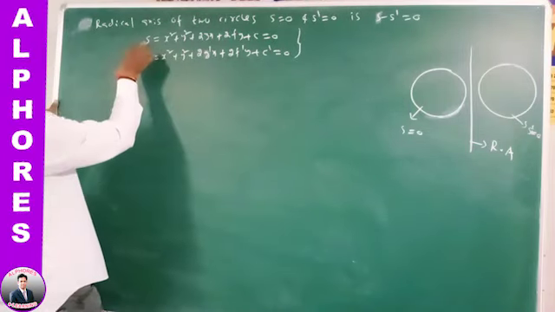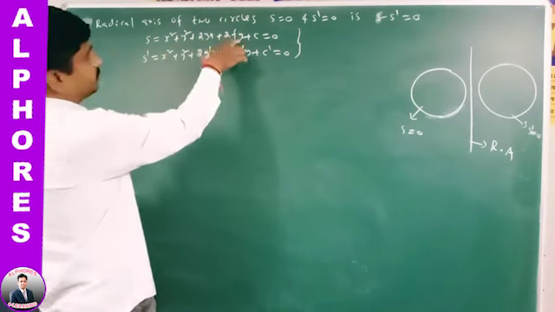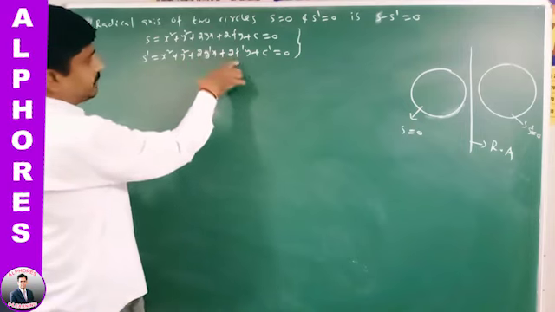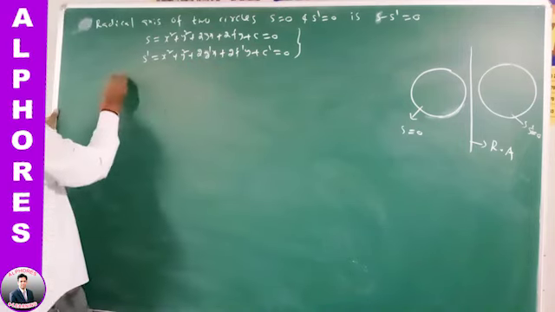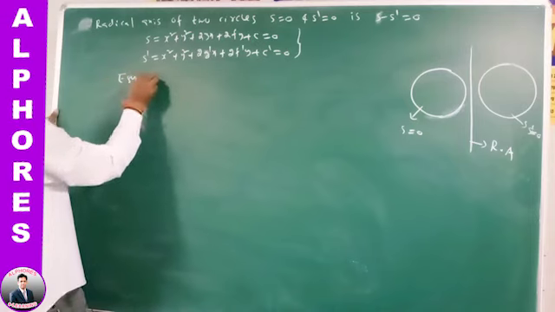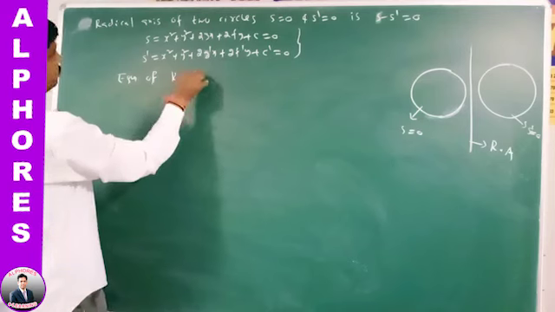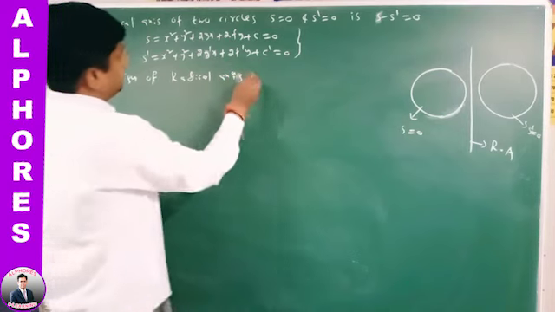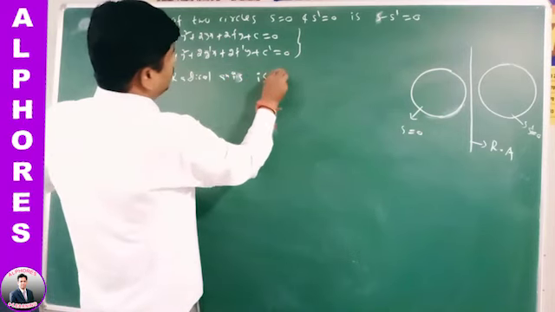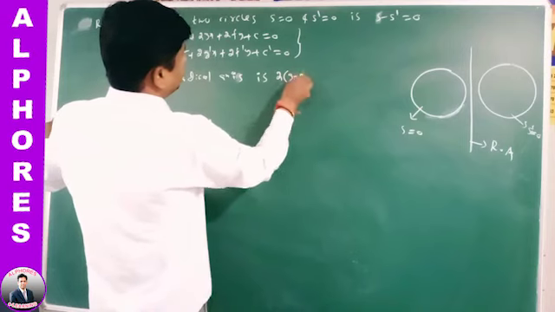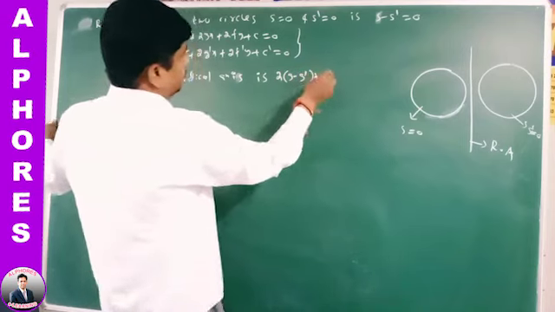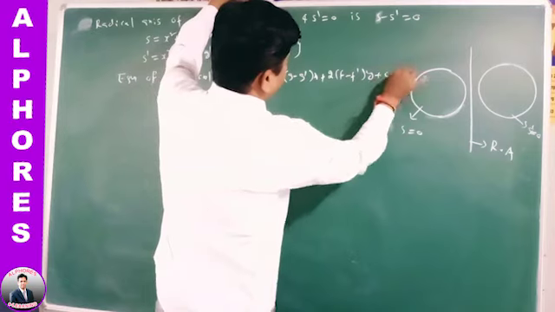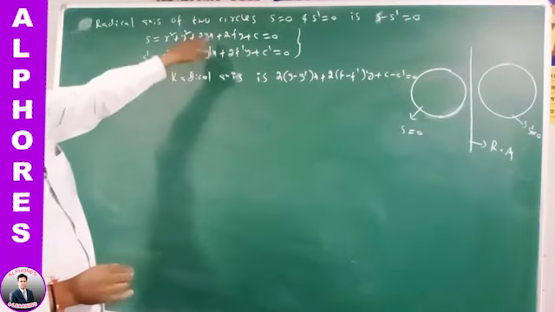Here, S - S' means what? Suppose S = x² + y² + 2gx + 2fy + c = 0, and S' = x² + y² + 2g'x + 2f'y + c' = 0. S - S'. Now the equation of the radical axis is 2(g - g')x + 2(f - f')y + c - c' = 0.